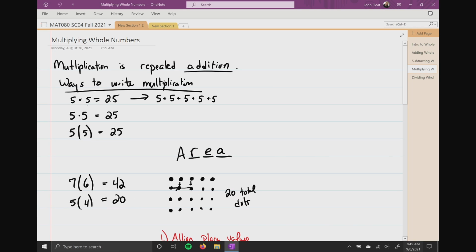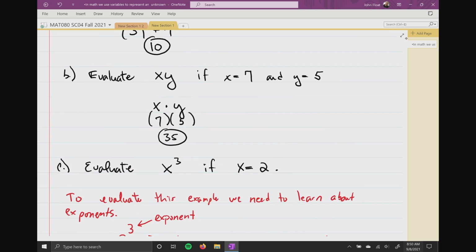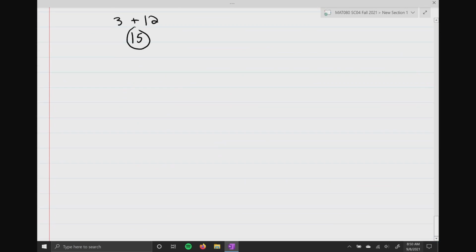You could write it with an X in between, you could do a dot in between, or you could do a 5 and then parenthesis a 5. The thing is, when you see the parentheses, you always want to do the work inside, but if it's only one number, then there's nothing else you could do inside those parentheses. So then it turns into multiplication. Does that make sense? Yes, it does.